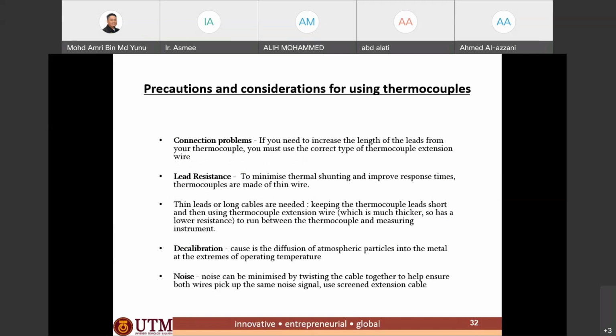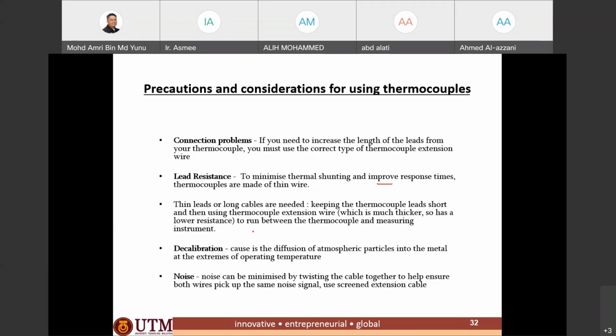So these are the precautions. You need to check the connection. If you need to increase the length of the lead from the thermocouple, you must compensate or correct with thermocouple extension wire. And then the lead resistance must be minimized, especially to improve the response time.